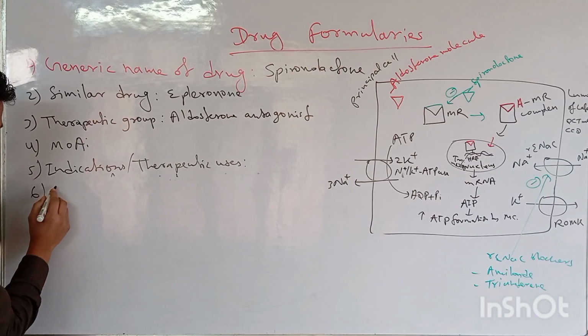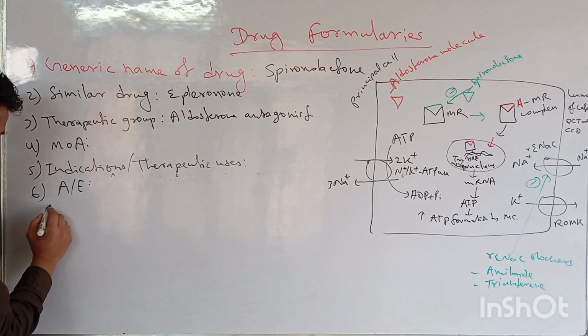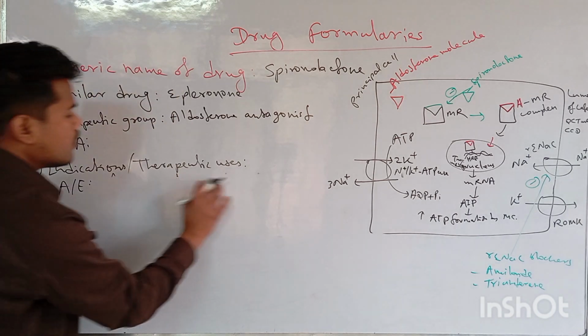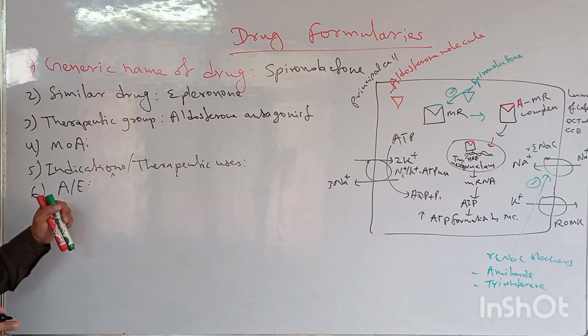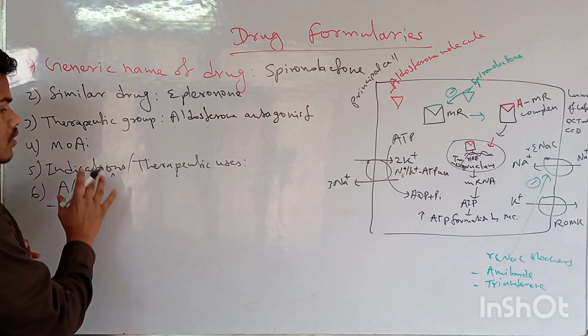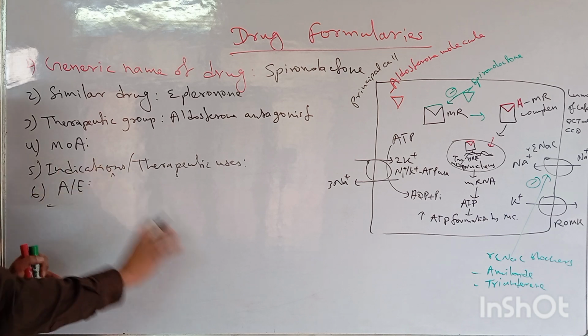We are learning how to write drug formularies. So again, for this adverse effect, write 4 or 5 maximum and again in chronological order, which is most significant, most serious, write first, then lower.